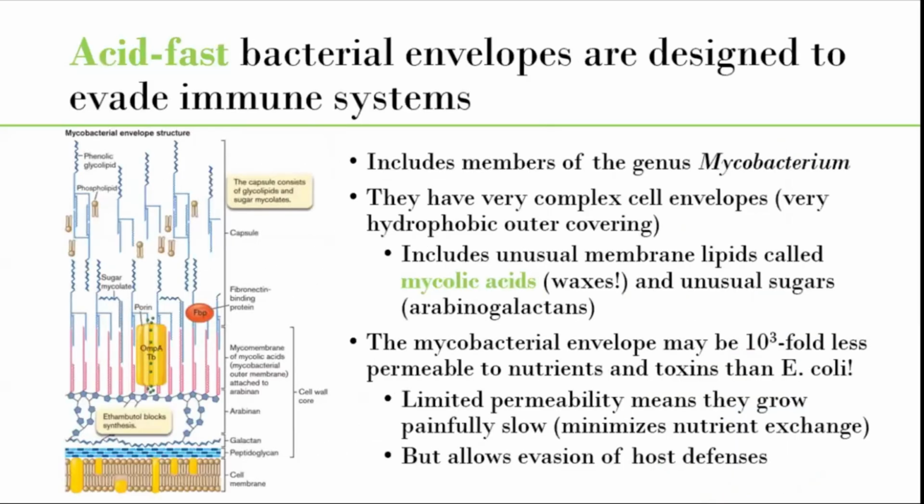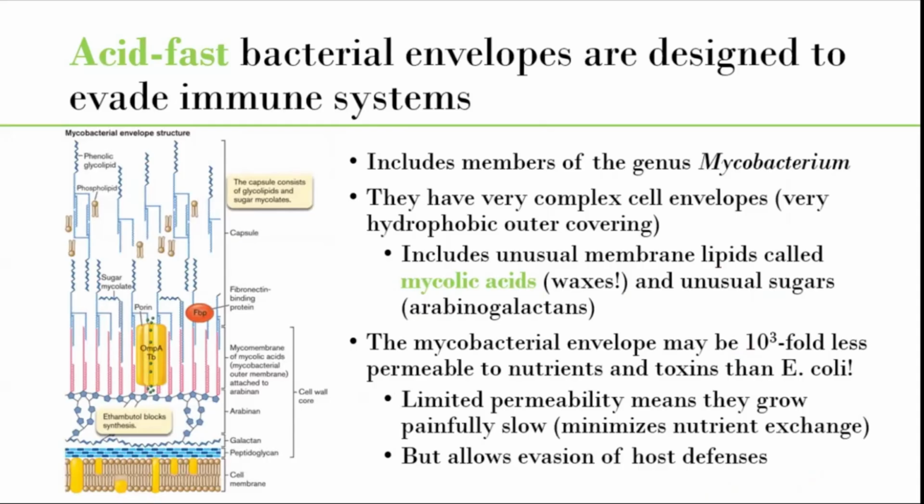Okay, acid fast, the third type of envelope. This is crazy. I will admit that. It's very, very crazy. I want you to notice two things about it. First, that dark blue, light blue structure, that's peptidoglycan. So pretty much every single bacterial species and most archaea have peptidoglycan.